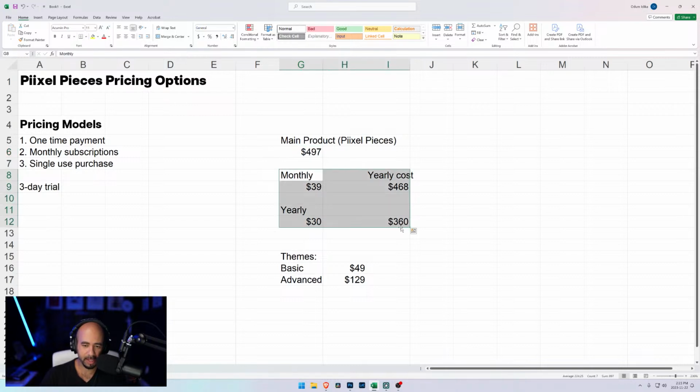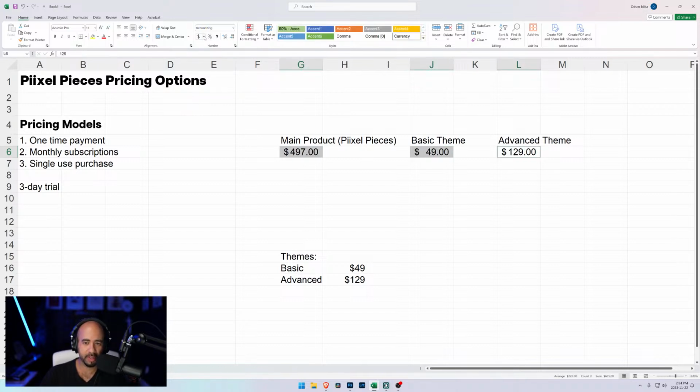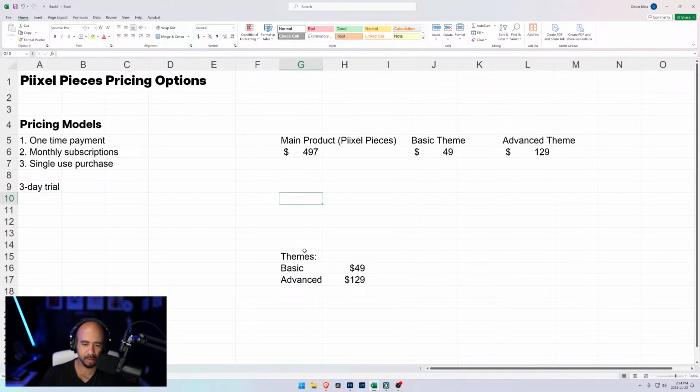And then what else do we have? So we have a basic theme. Say that's going to be $49. And then an advanced theme. And that's going to be $129. And this one, let's format that as currency. But oh no, we want no decimal places. Excuse me. English Canada. Okay.